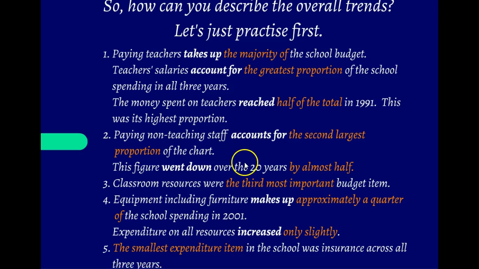I also want you to notice the noun phrases. The majority of the school budget. The greatest proportion of the school spending. Half of the total. The second largest proportion of the chart.